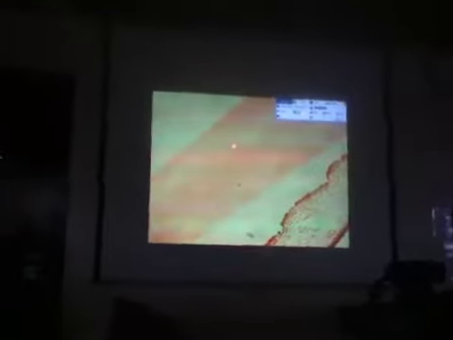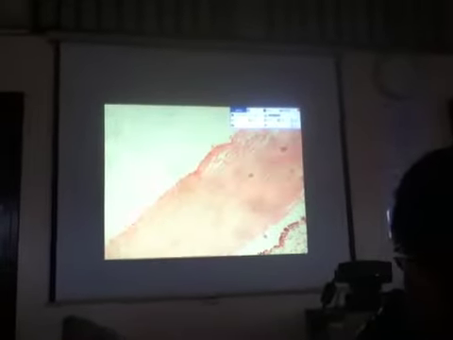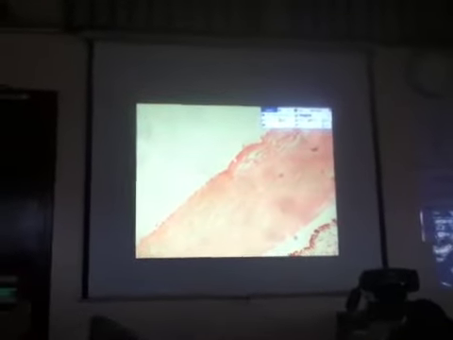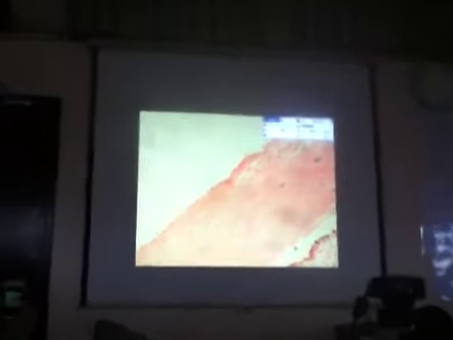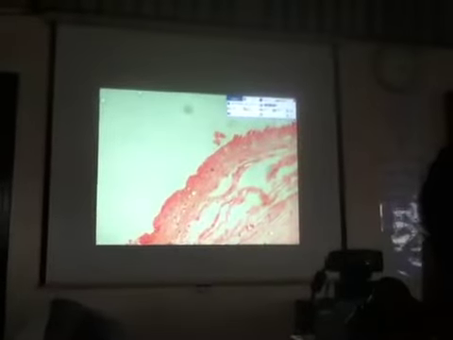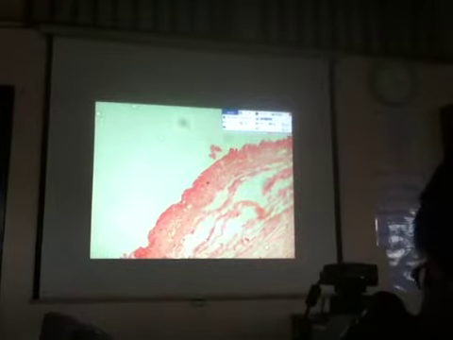We will begin from the outermost. What type of epithelium is lining the outer surface of the cornea? Okay, very good. That's a stratified squamous epithelium, non-keratinizing.